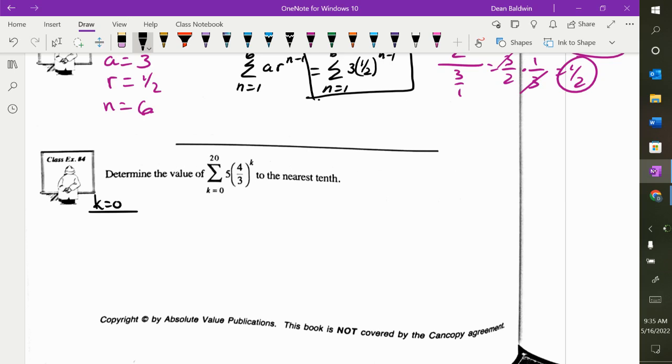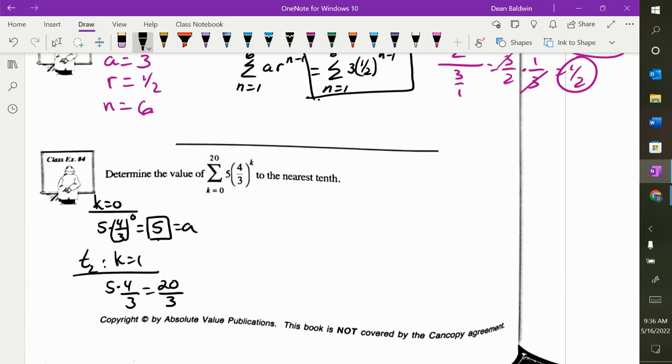Because if you put k is equal to 0, you get 5 times 4 over 3 to the 0, which is just 5. So that's your A value, for k is equal to 0. It'll be A, or T1. T2, that's when k is equal to 1. So you get 5 times 4 over 3, which is 20 over 3.